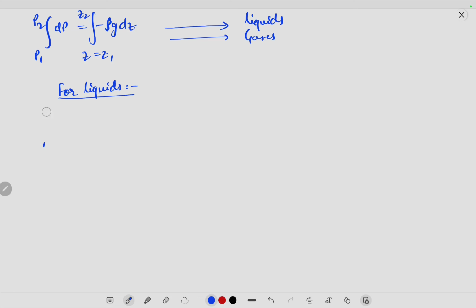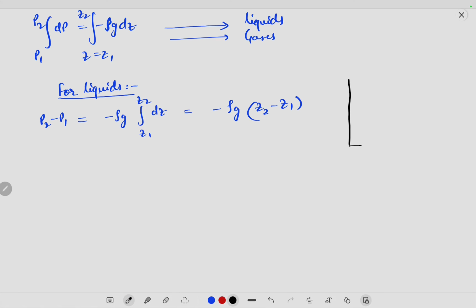So this integral p1 to p2 dp, what would it become? It will become p2 minus p1, and this expression would become minus rho g integral dz from z1 to z2, which can also be written as minus rho g times z2 minus z1. So what does this expression mean?